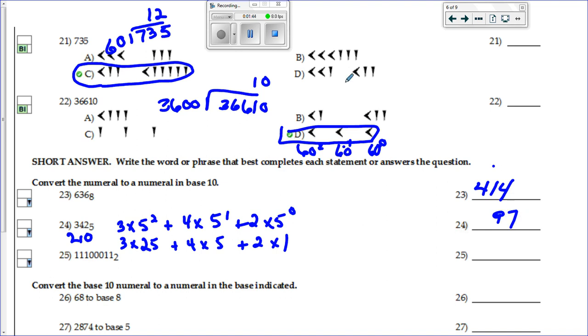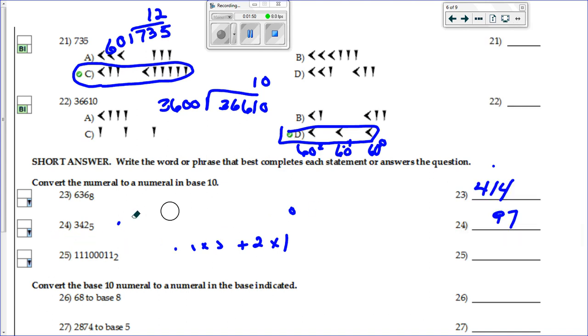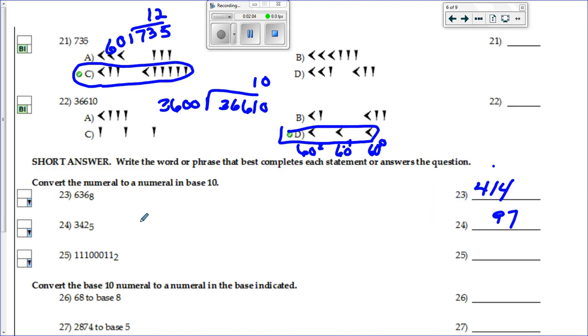Okay? And then the last one, let me just erase this one. Okay, so now the last one, these columns are 0, 1, 2, 3, 4, 5, 6, 7, if you count.